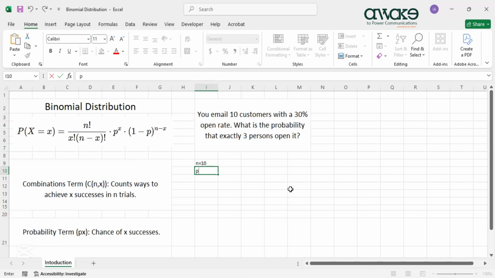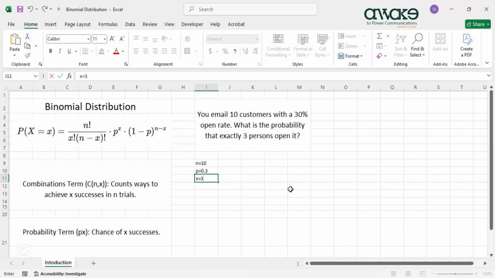So our probability is 0.3. The number of successes is 3, as you can see from part B of the question that reads, what is the probability that exactly 3 persons open it? Okay, so our X is equal to 3. So if we put this within our formula, we'll be able to perform our calculation.